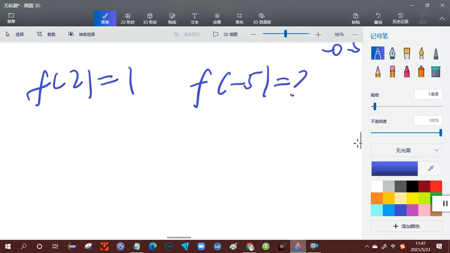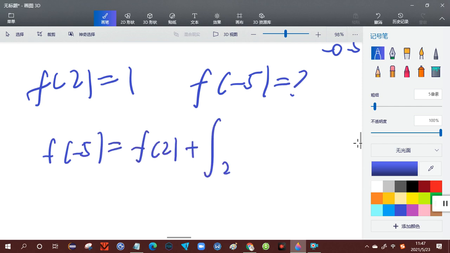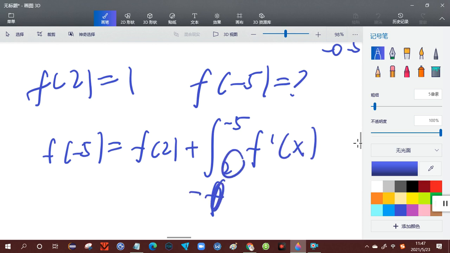So therefore, to find f(-5), we can calculate it as f(2) plus... which is equal to f... minus. Since those are not, you need one more step here.